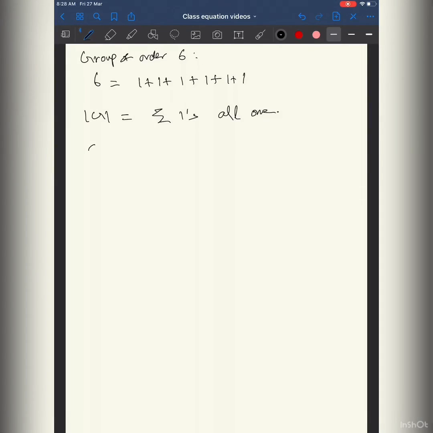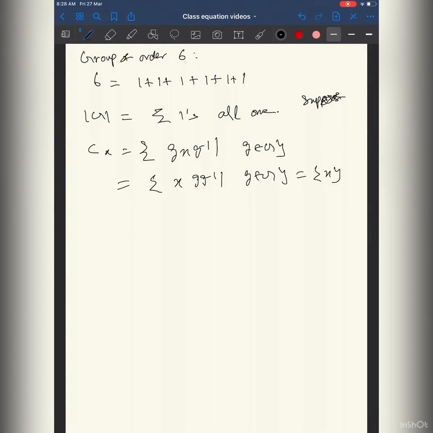Because the conjugacy class is g x g inverse for g in G, and when it is abelian, everything commutes, so x alone will be in the conjugacy class, so it's 1. In the other sense also, if everything is 1, it's abelian. In order 6, everything 1 is abelian. It's only interesting for non-abelian groups.